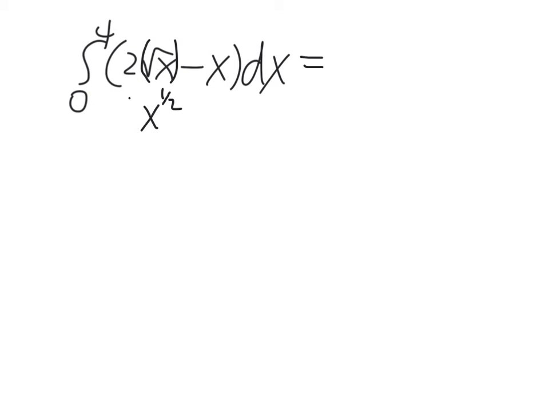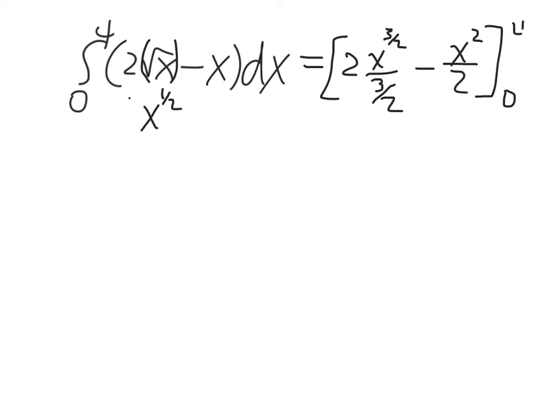So we'll have the 2, and then integrate x to the half, and we get what? Okay, x to the 3 halves over 3 halves. And then integrate x, we get x squared over 2.